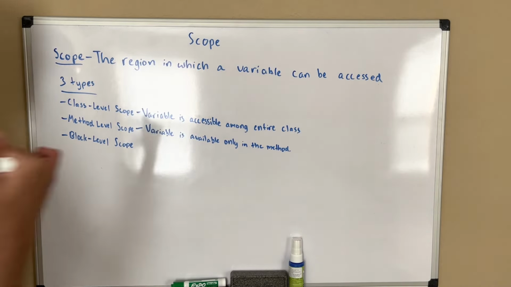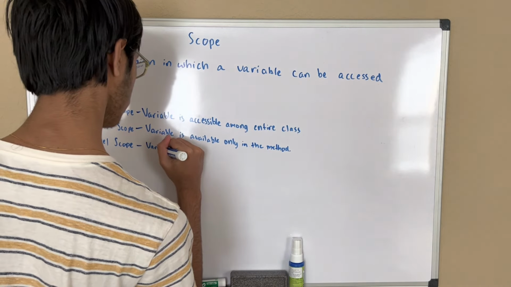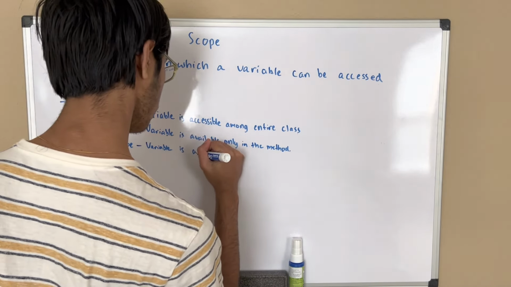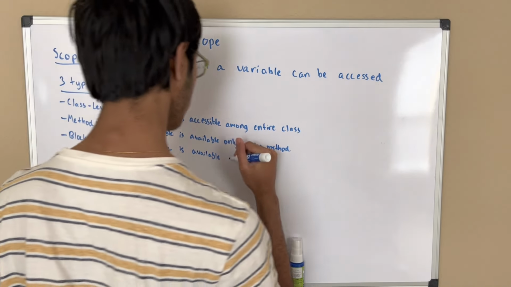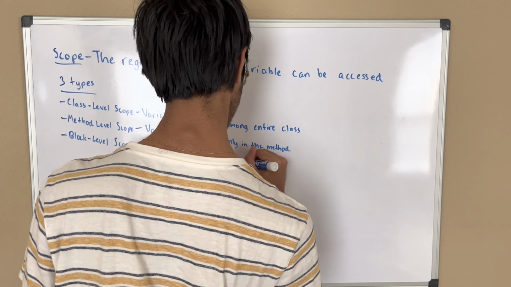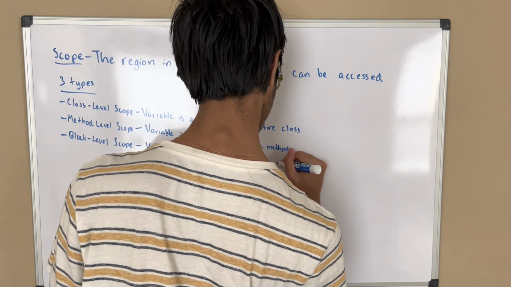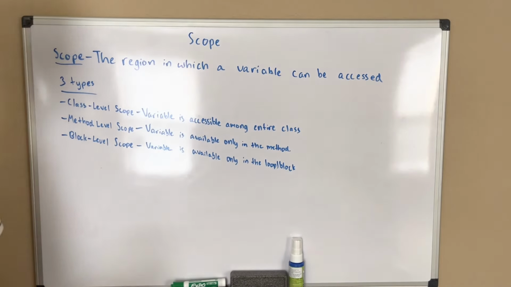And then block level scope. Variable is available only in the loop. But it's really just block in general.